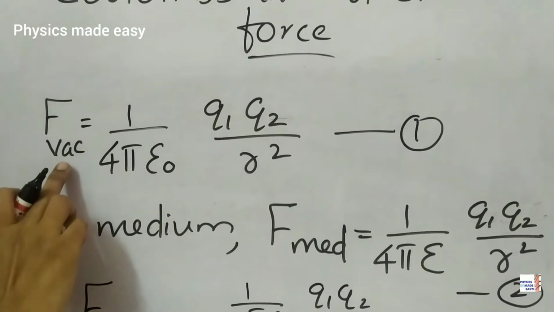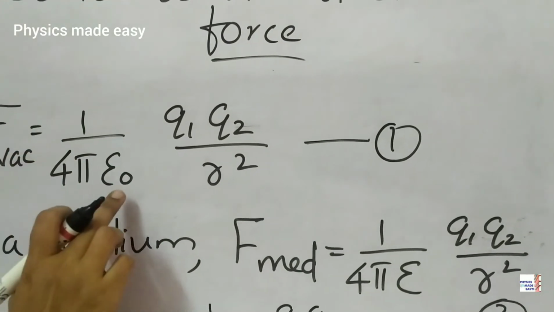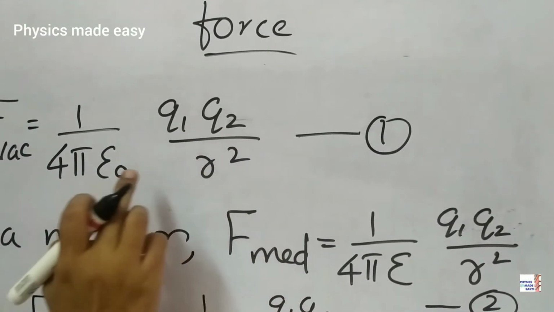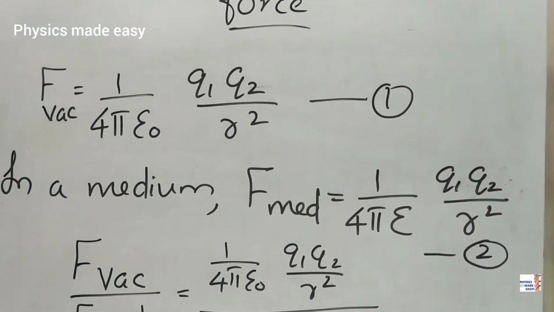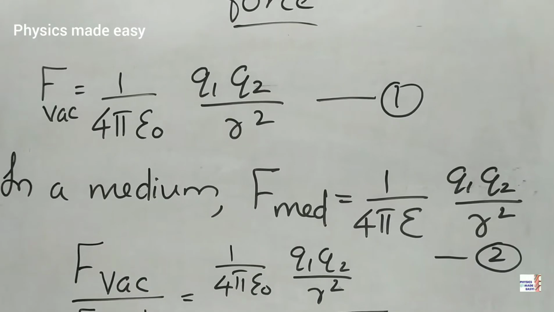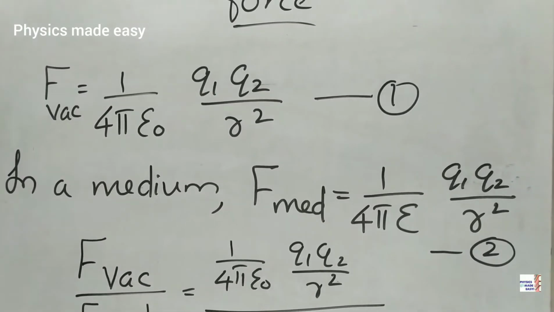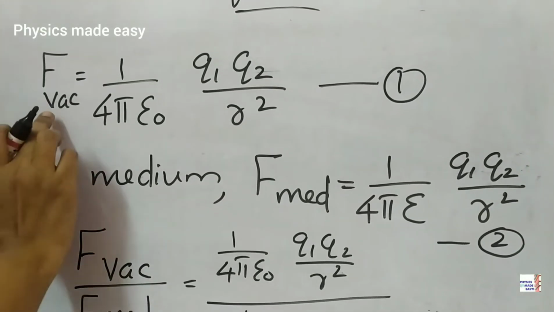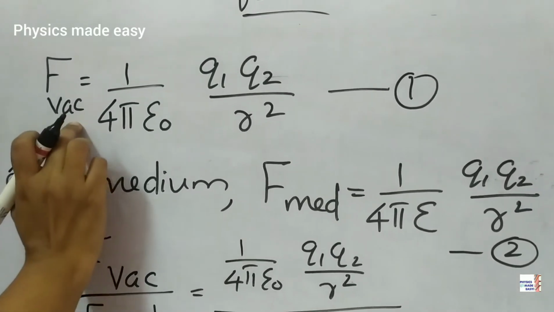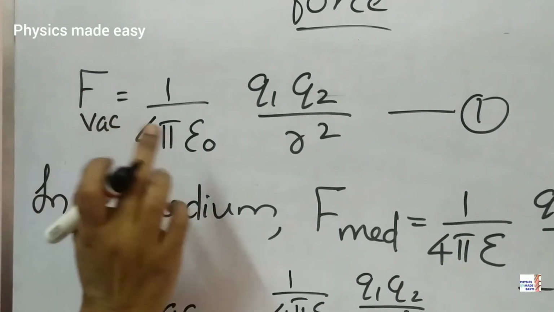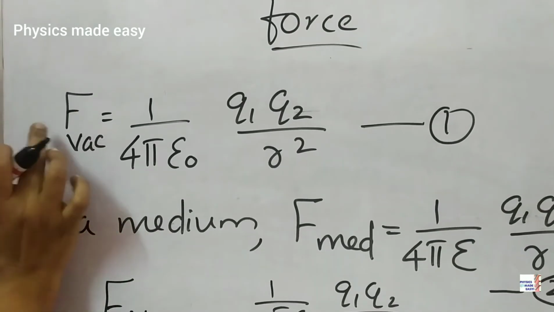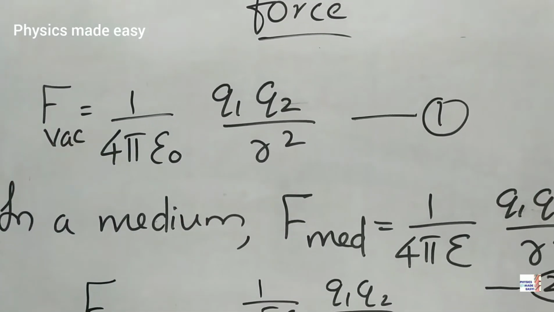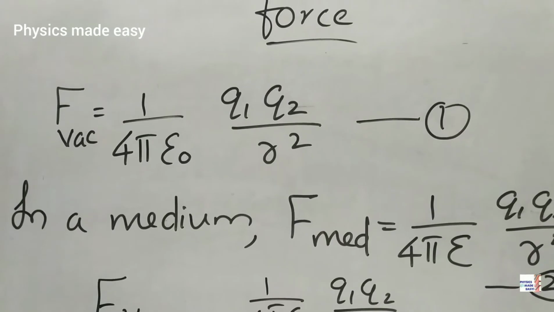Here you can see F is equal to 1 by 4 pi epsilon 0 Q1 Q2 by R square. This epsilon 0 is the permittivity of free space that determines the electric force between two charges situated in that medium. Here the charges are situated in vacuum, so I wrote F vacuum equal to 1 by 4 pi epsilon 0 Q1 Q2 by R square.